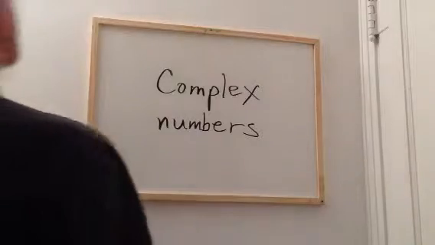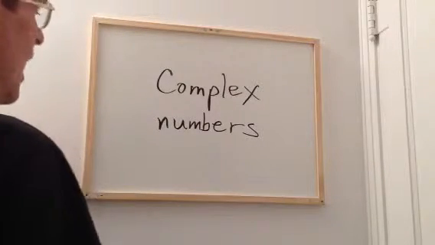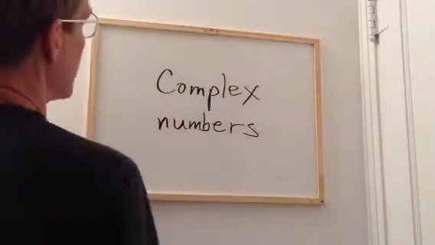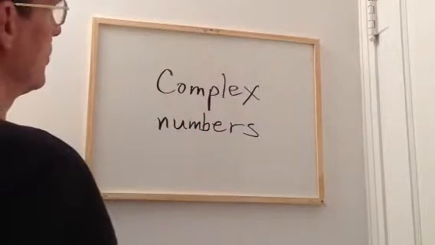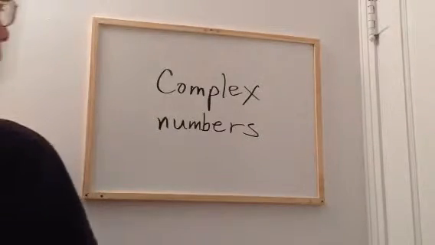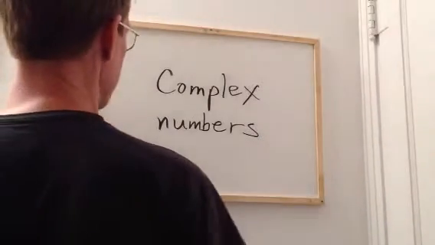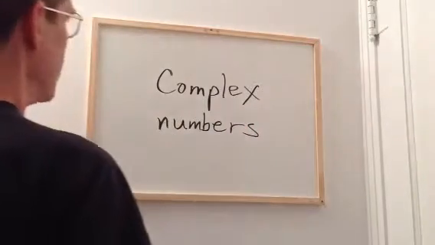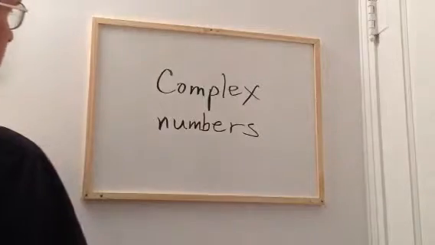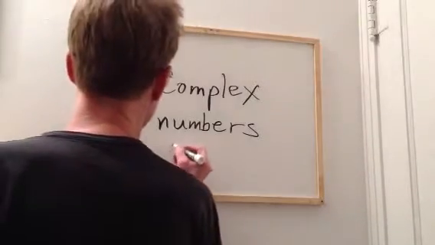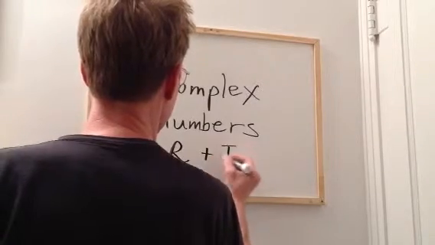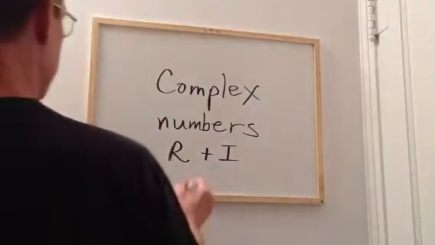Now, complex doesn't really mean complicated. Complex, really the better word would be composite, but that term has already been taken to refer to whole numbers that are not prime. So they invented the term complex. They're complex because they are a combination of a real number quantity plus an imaginary number quantity.